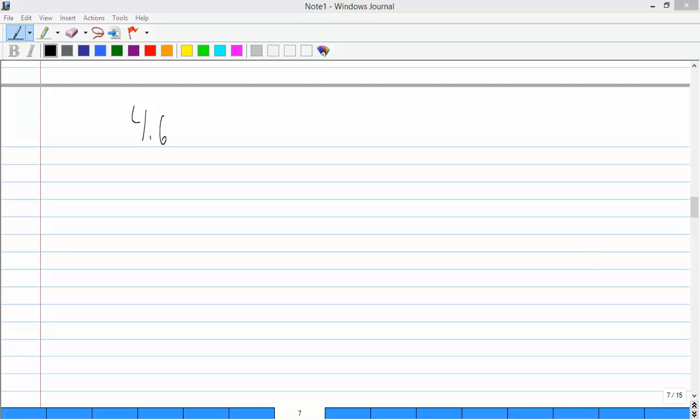4.6, we're going to take a look at a set of data that was given in Table 1, I believe, in Chapter 4. All right, and so let me show you what I'm talking about.